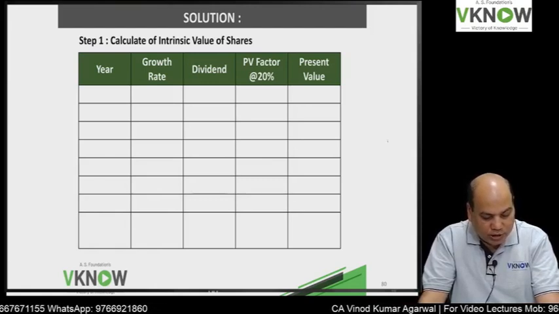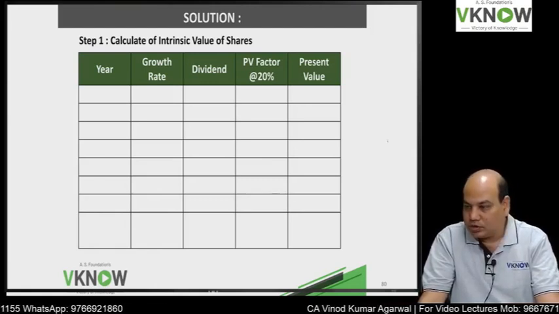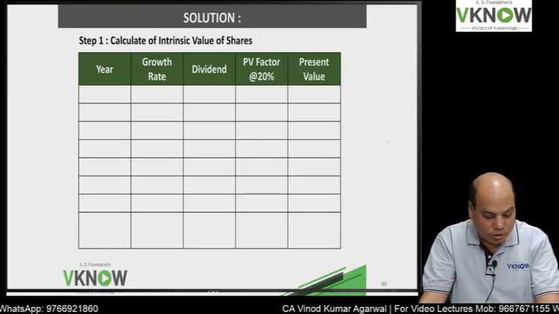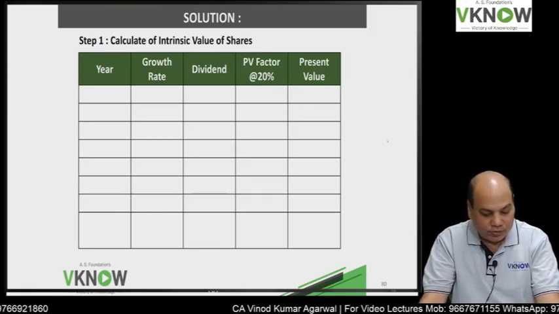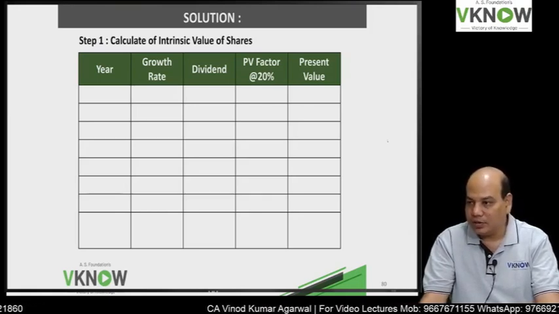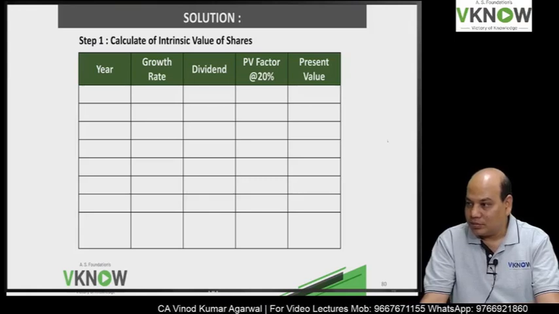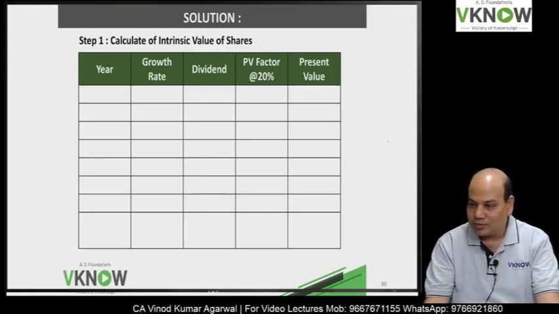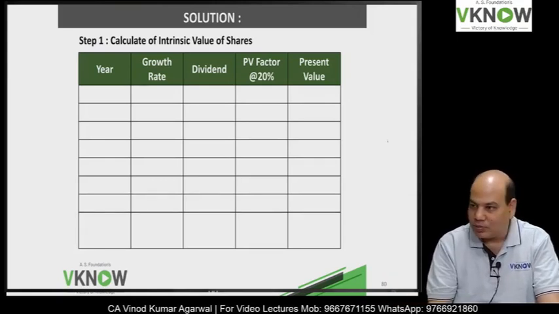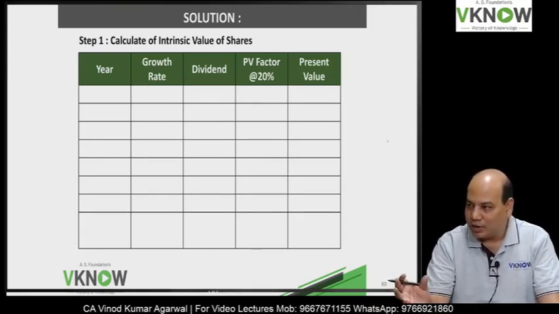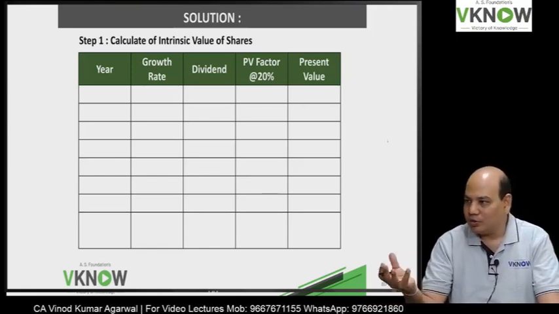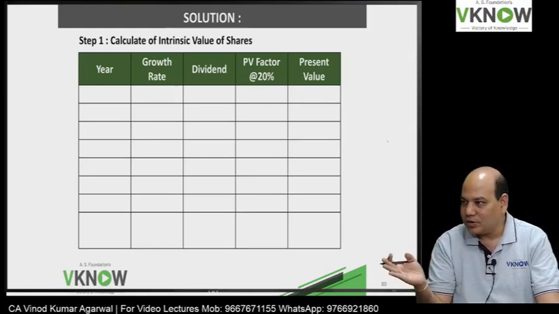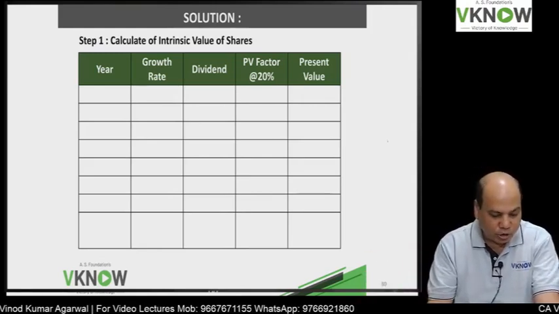This is a question on the multi-period growth model, where the growth rate is high in the initial years and slowly starts declining. Whether it is Microsoft, Google or Infosys, everybody has to go through this. First few years they make super normal profit and give more dividend, but later as competition increases and no new innovation happens, the growth rate starts declining and then becomes stable at a normal rate.